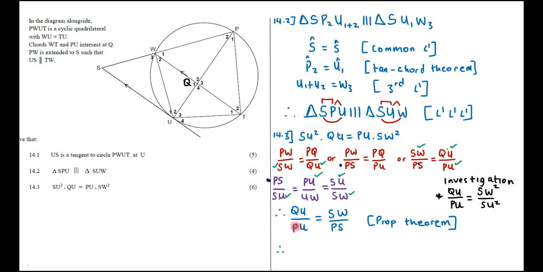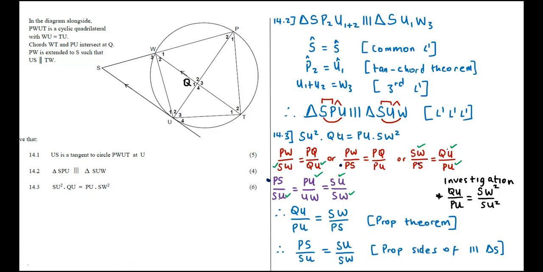So therefore, having this, I will say PS over SU is equal to SU over SW. Notice that I used the sides that I needed from that. So this is the prop sides of similar triangles.